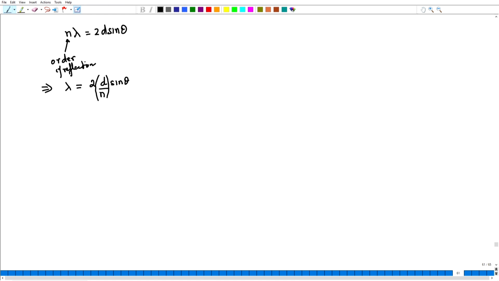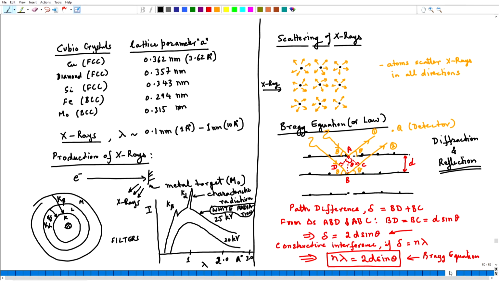Now, d is the interplanar spacing, as I had mentioned, of some atomic planes, which we can denote by the indices HKL. So, these are basically a set of parallel HKL planes.